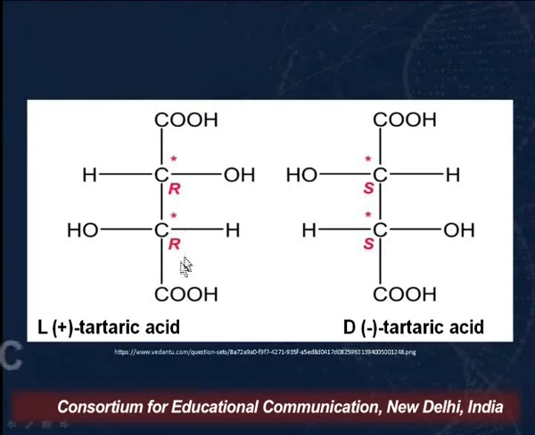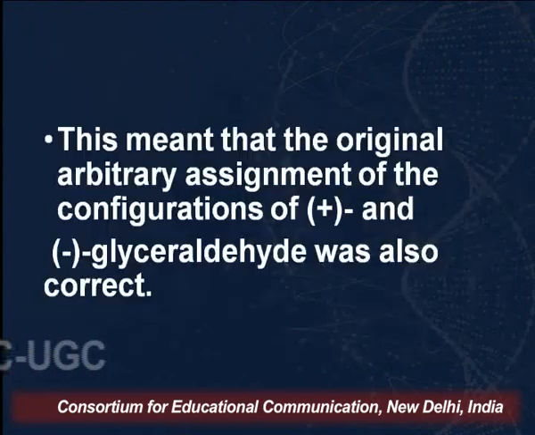If our eye travels in clockwise direction from the group having highest priority to lowest priority, the molecule is assigned configuration R. This is just a summary of RS configuration, which has been discussed in great detail in my previous lectures.